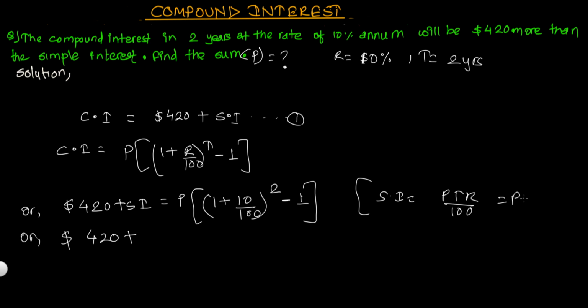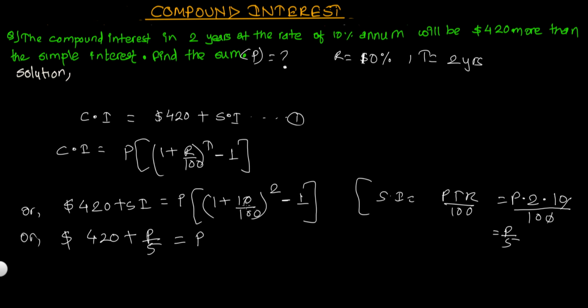Our P is P, time is 2, and R is 10%, which will be, this is gone, 2 over 10 is 5, so P over 5. That will be our simple interest in terms of P. So if I replace this simple interest by P over 5, our right hand side will be P.